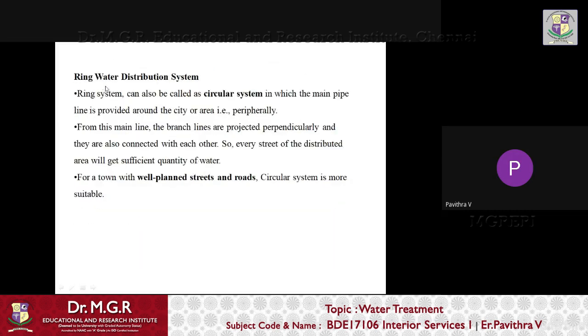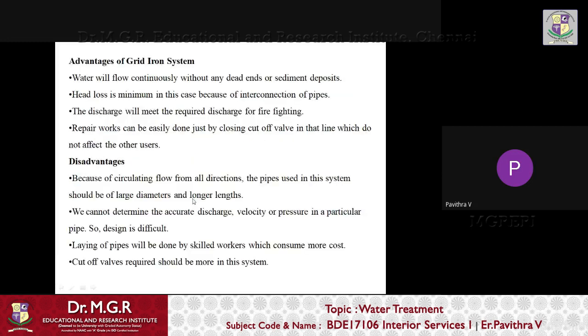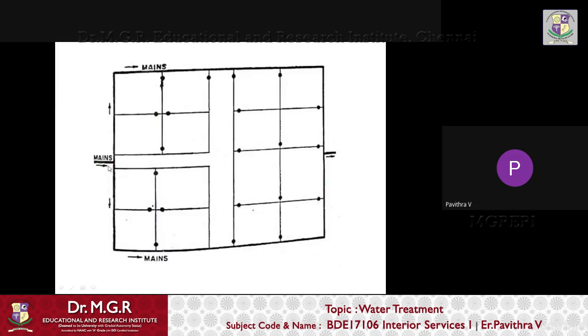Moving on to the ring water distribution system. This system is also called the circular system, and it is suitable for a town with well-planned streets and roads. The branch lines are projected perpendicularly from the main line.